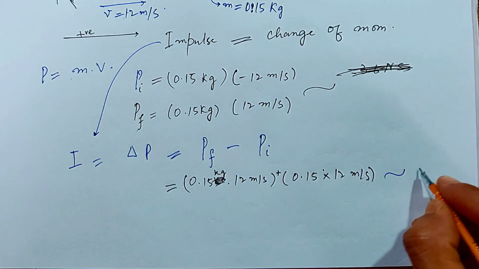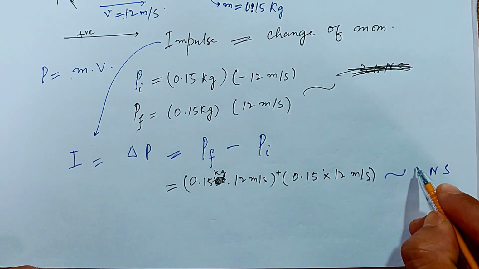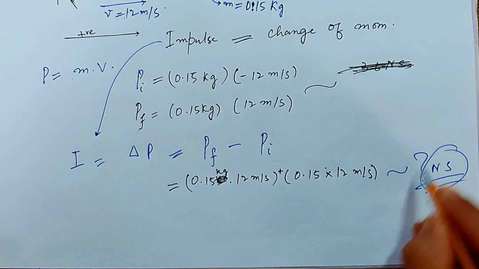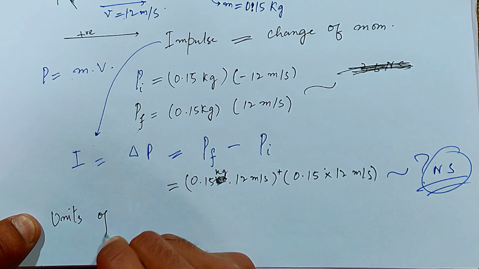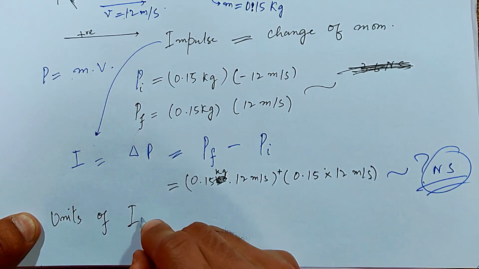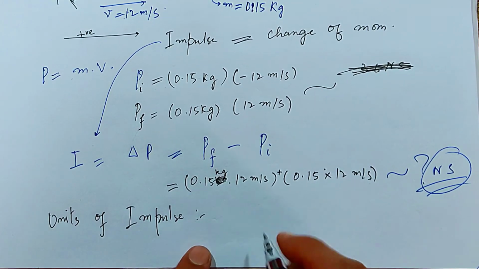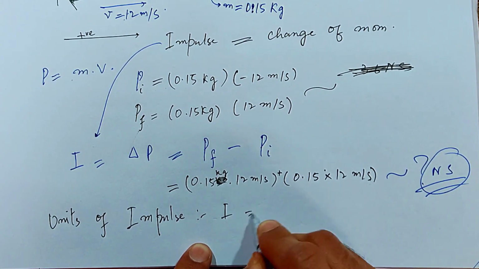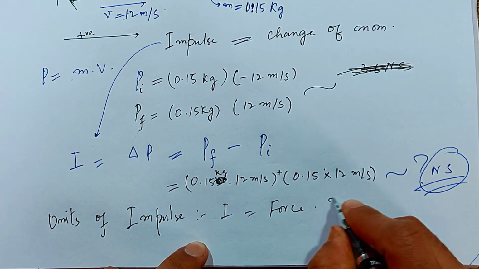So on calculating, we'll get something Newton second, and this Newton second is the unit of impulse. Units of impulse, how to calculate that? We know that impulse is equal to the product of force and the time of action.